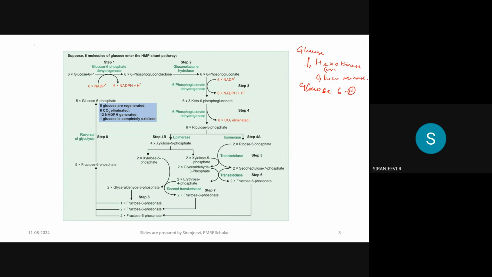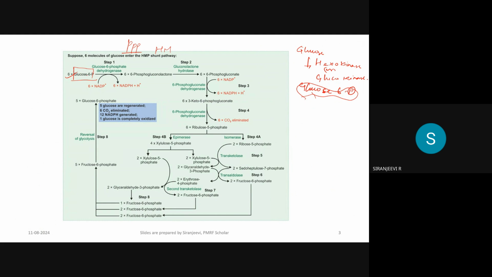This glucose 6 phosphate can participate in several reactions that we have already talked about in previous lectures. One such pathway we call the HMP shunt pathway, or pentose phosphate pathway. What happens in this pentose phosphate pathway? We call it PPP or HMP shunt pathway, the hexose monophosphate pathway.